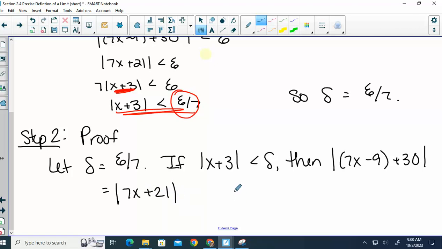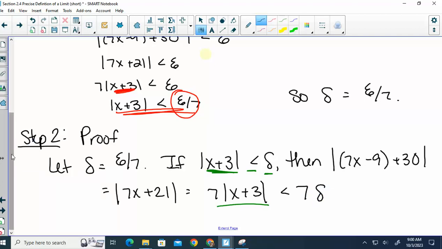So that's equal to the absolute value of 7x plus 21. You can take out the 7. But I know the absolute value of x plus 3 is less than delta. So 7 times this would have to be less than 7 delta.